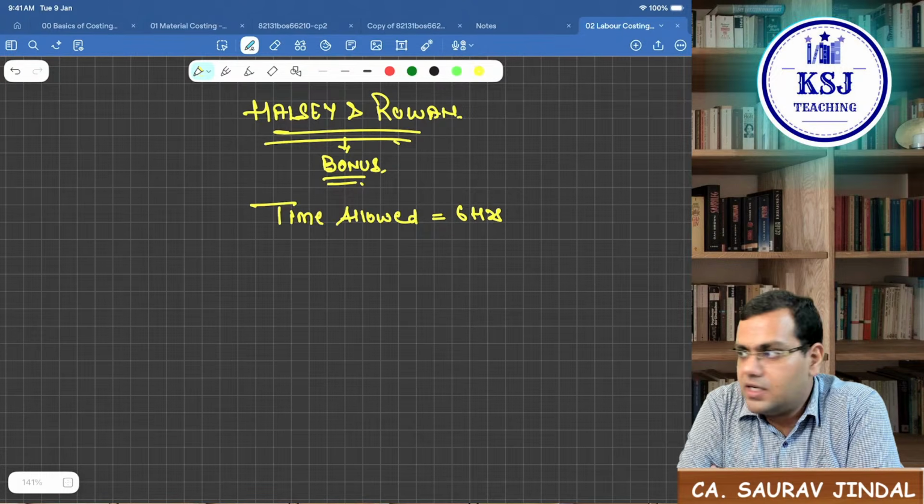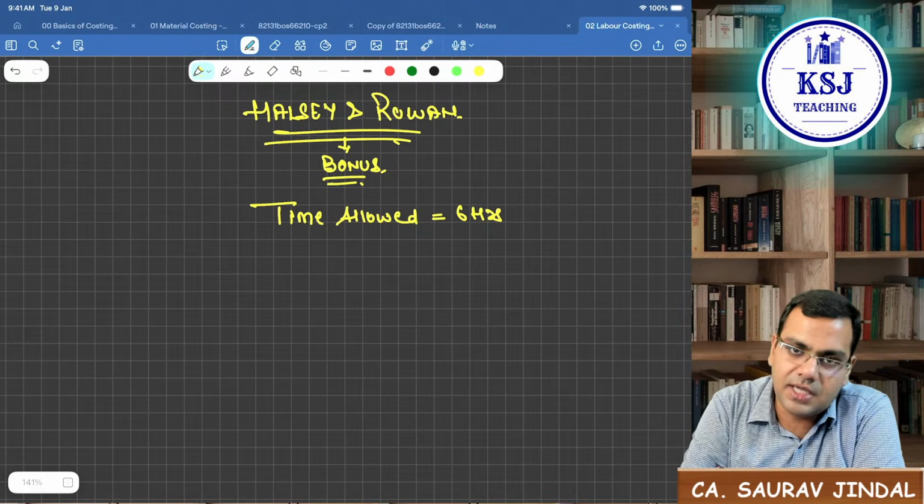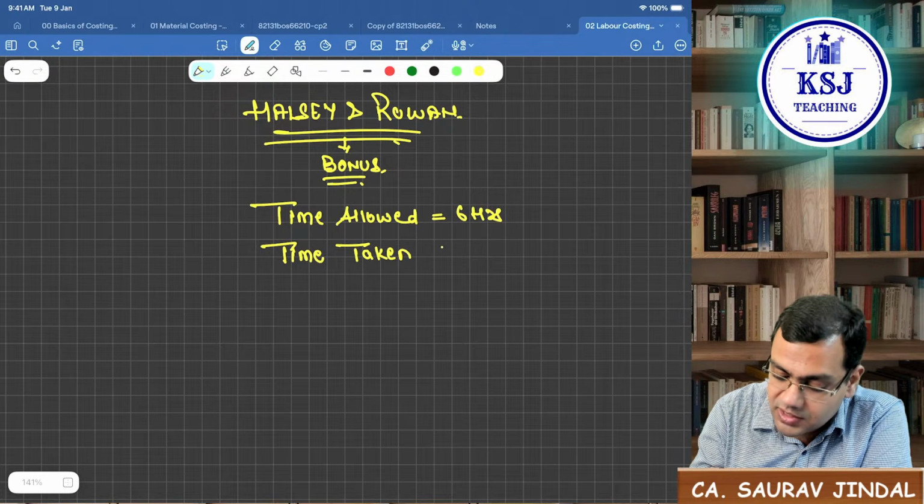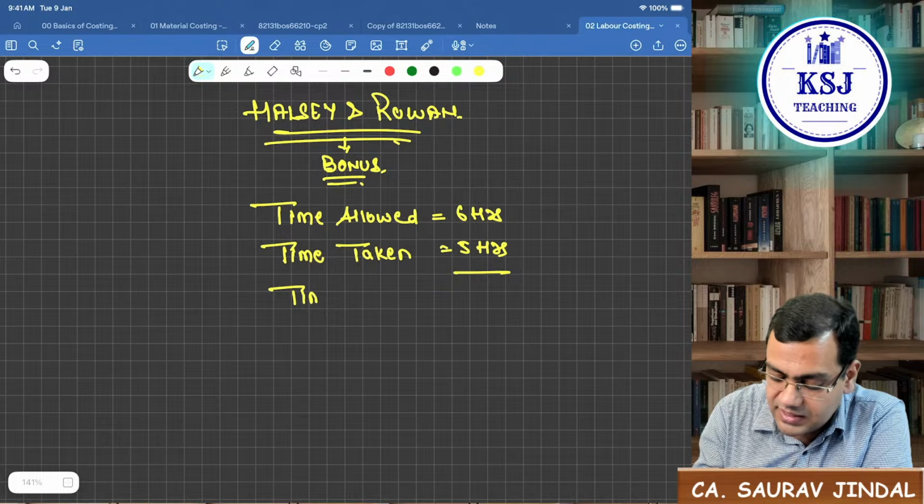You give the worker a piece of work and say it should be completed in 6 hours, but the worker is so efficient that the actual time taken is only 5 hours. That means the worker has saved a certain time.